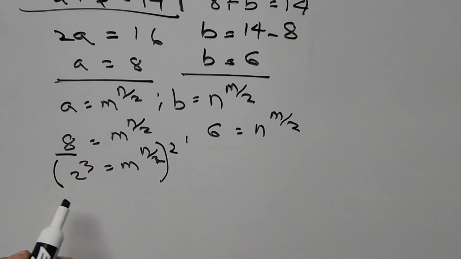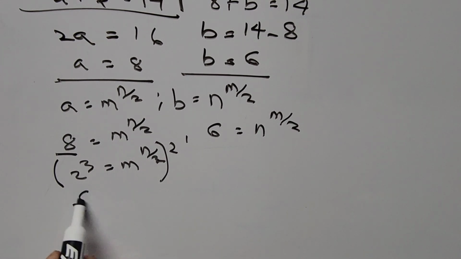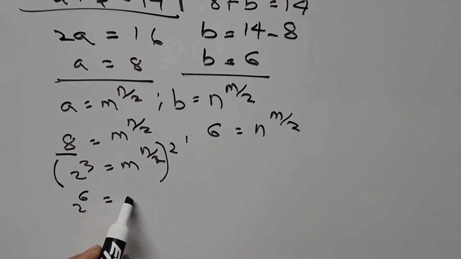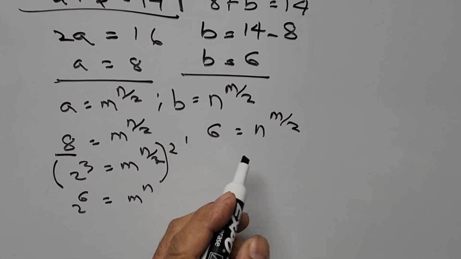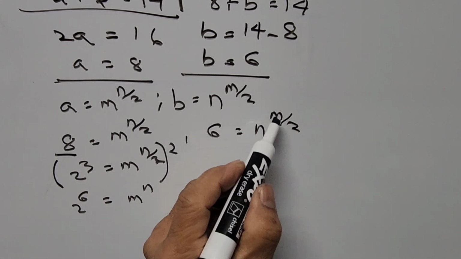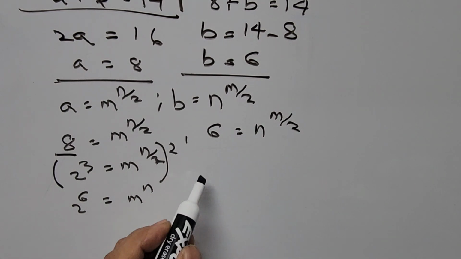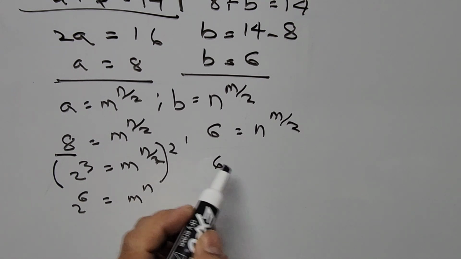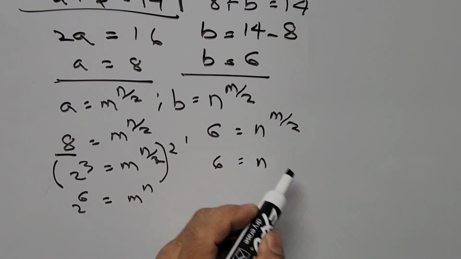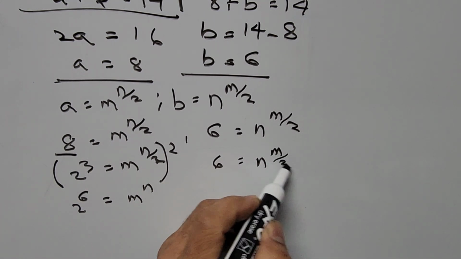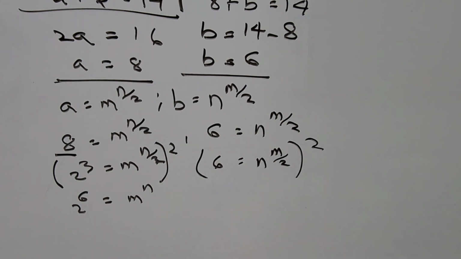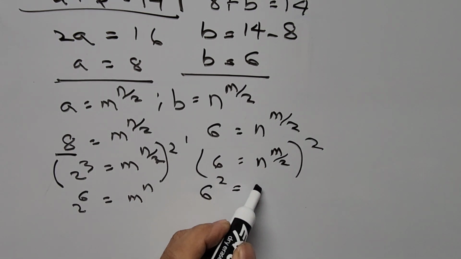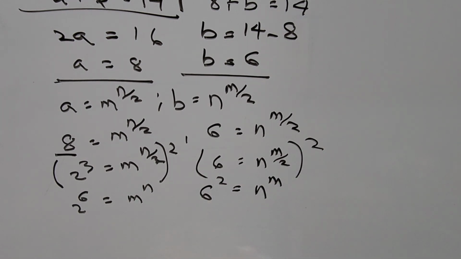So we ended up with 2 to the power of 3 times 2, so 2 to the power of 6 is equal to m to the power of n. And here, 6 is equal to n to the power of m divided by 2. If we're raising the whole equation to the power of 2, right? So we ended up with 6 squared is equal to n to the power of m.